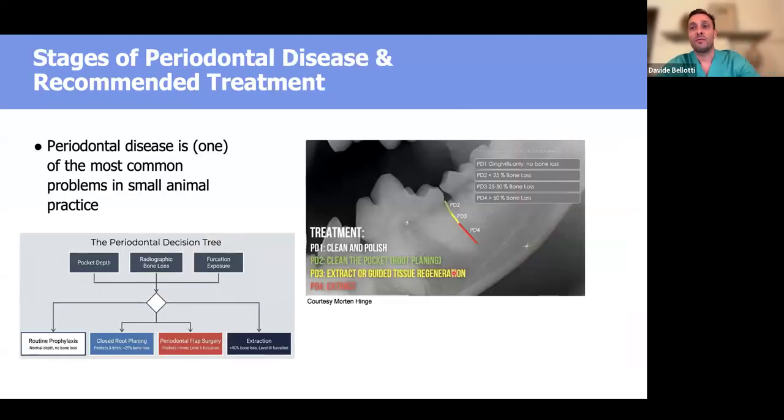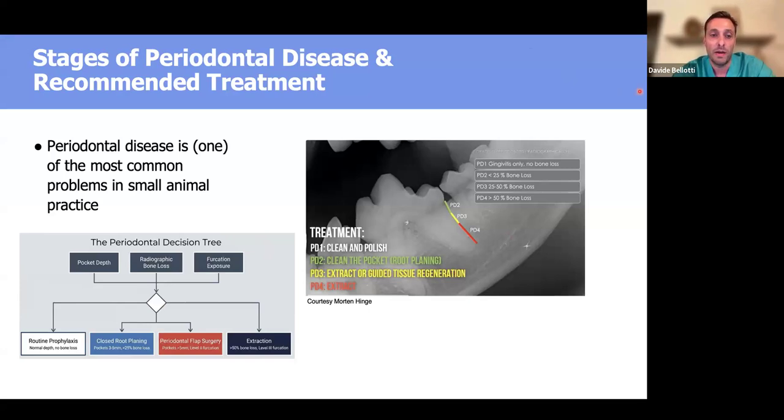Let's go straight to what is interesting for us: the stages of periodontal disease and how we treat them. Periodontal disease, we know, is the most common problem in small animal practice. More than 80% of dogs over 3 years have this kind of disease. And what we do every day when we put dogs and cats under anesthesia is to stage periodontal disease.